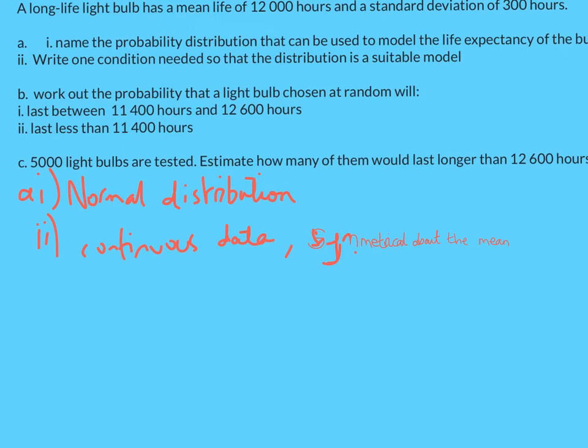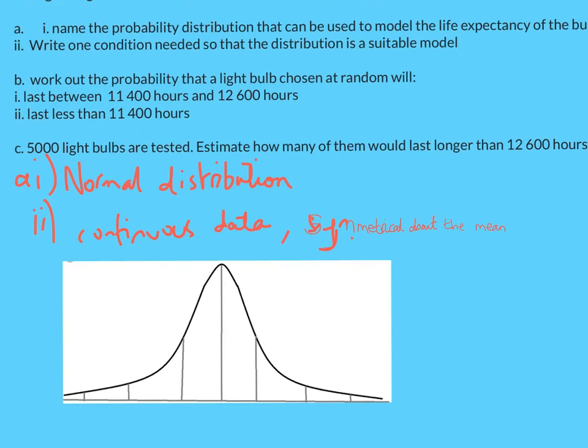Okay, now we're going to look at some probabilities. Now what I highly recommend you do is draw yourself a curve, a normal distribution curve, to get a bit of an idea of this. So here's my sketch of my curve, and I'm going to put in all the data that I know. Well, I know the mean is 12,000, so I'm going to put that in. And then I also know the standard deviation is 300.